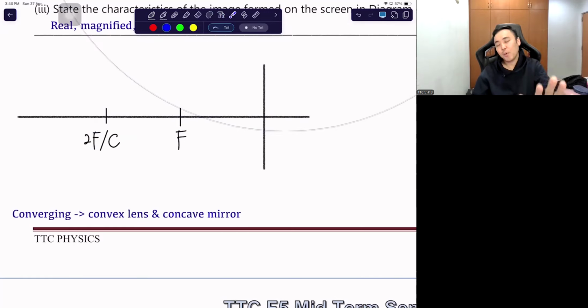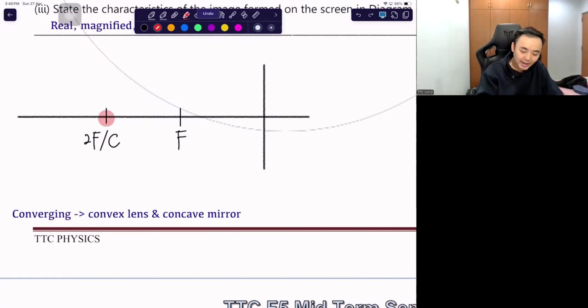Now you can use these two points to remember everything. First, we take this as the reference point. If your object is located exactly at 2F or C, exactly here, then your image will turn out to be the same size. If I put my object here, the image comes out the same size.